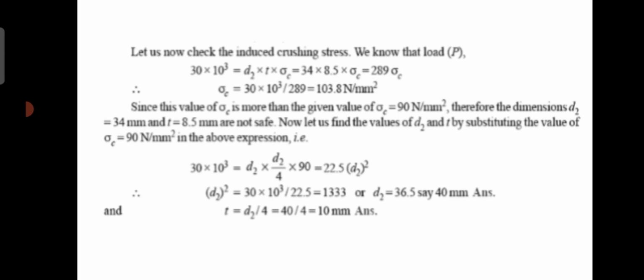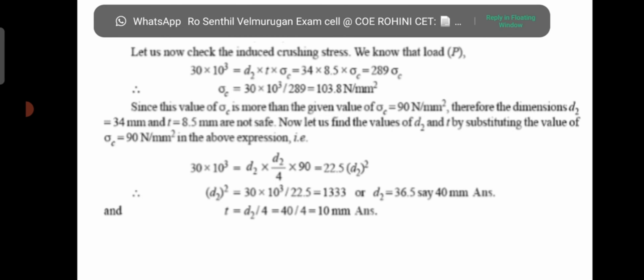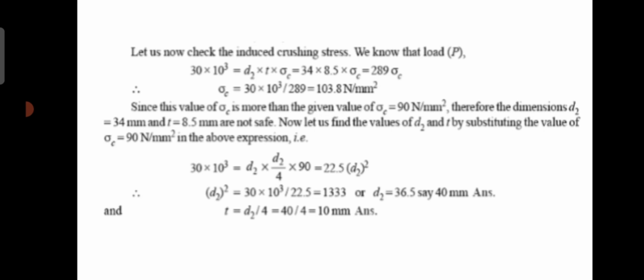Now let us find the value of d2 and t by substituting the value of sigma C equal to 90 Newton per millimeter square in the above expression. 30 into 10 to the power 3 equals d2 by 4 into 90, that is equal to 22.5 d2 square.